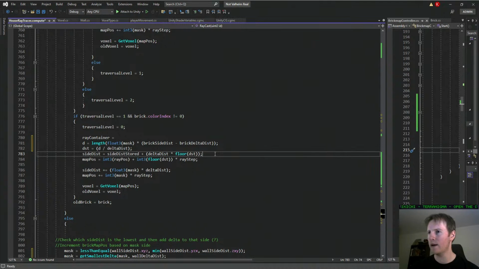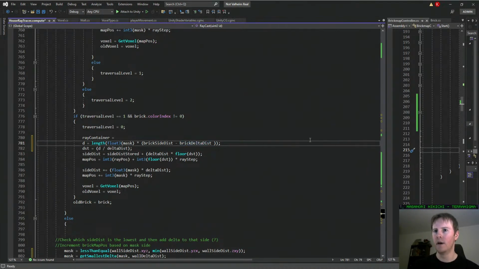I don't understand how he gets away with not flooring. I still want this to be, like, unironically, this should still be minus side dist stored, right?